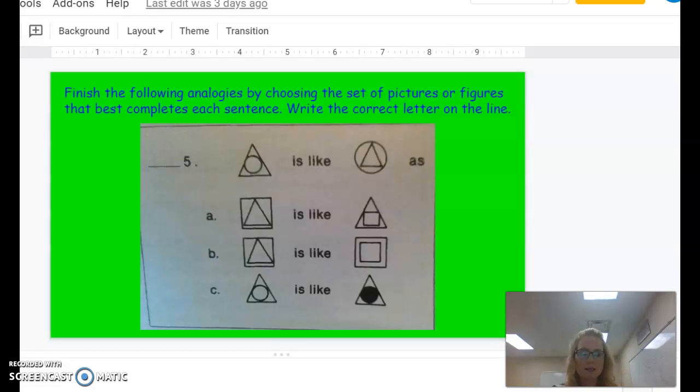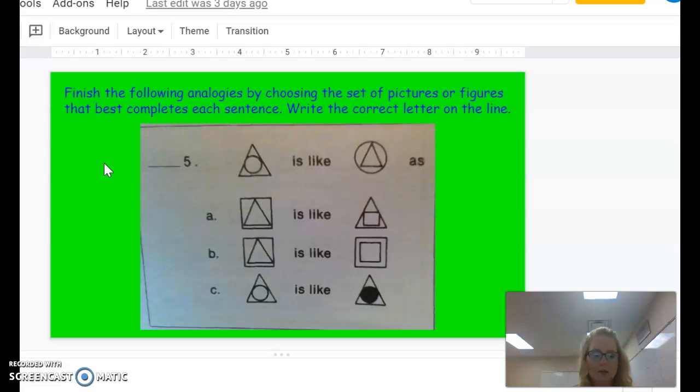This is another type of analogy, a figural analogy. Even though the items being compared aren't words, the concept of the analogy remains the same. We have to find how the first two parts are related or connected and apply it to the second half.